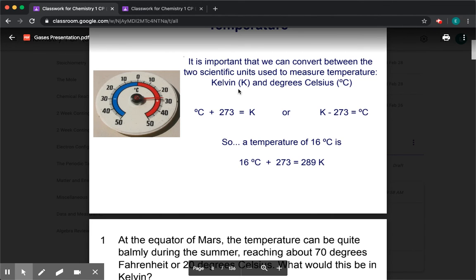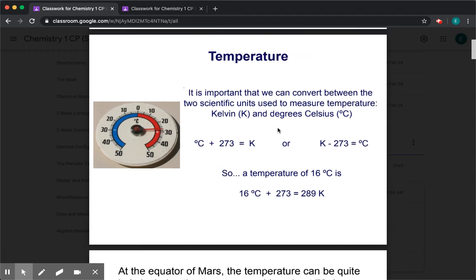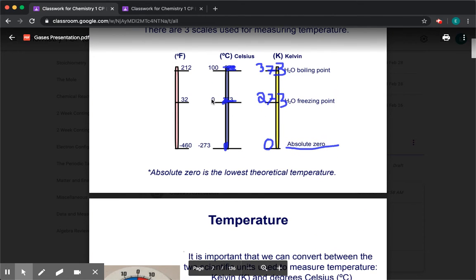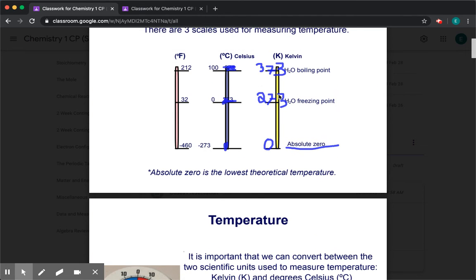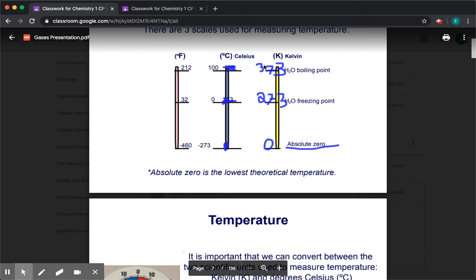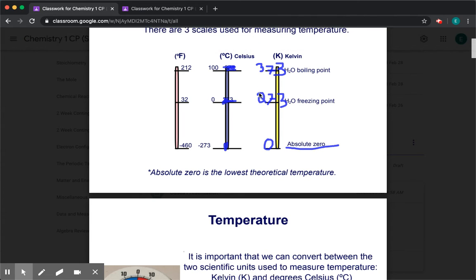The easiest way to look at it is here: at 0 degrees Celsius, you're at 273. At 100 degrees Celsius, you're at 373. We increased Celsius by 100, that means you have to increase Kelvin by 100. The only difference between these two is that Kelvin has a 273-degree boost. It's always going to be 273 higher.